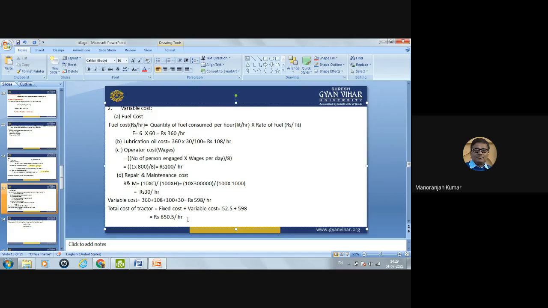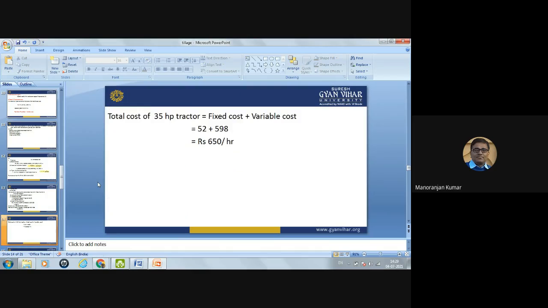So you have to charge this much amount for 1 hour. So in this way you can calculate the cost of the tractor. The total cost of the 35 HP tractor is 650 rupees per hour. This is the way you can calculate the cost of a tractor.